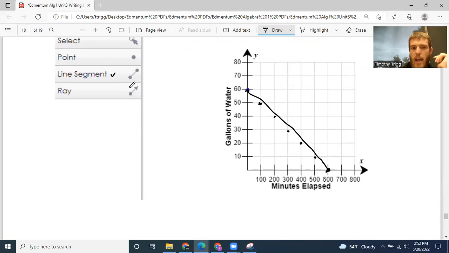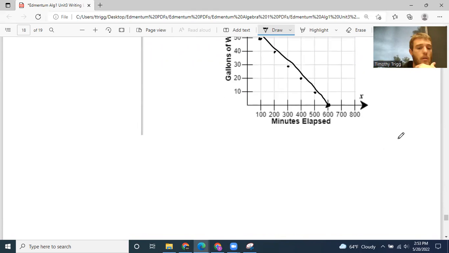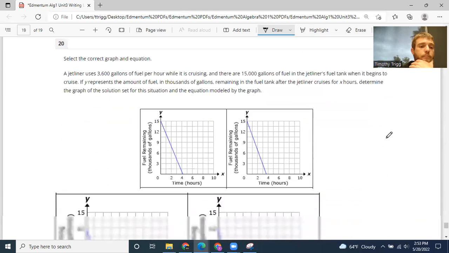When you see lines with arrowheads, that means it continues on forever in those directions. But we don't want to indicate that because the barrel will not leak forever. It has a stopping point, and that's when it has 0 gallons, right? All right.